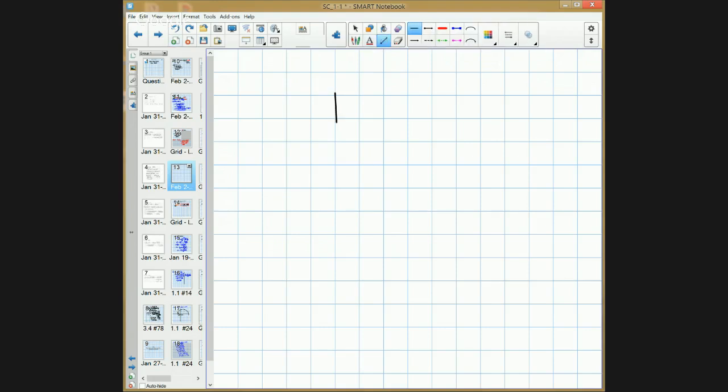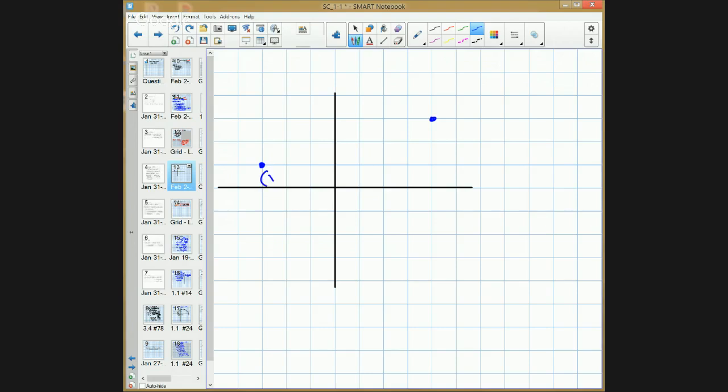So if we have a coordinate grid, the idea is we want to develop a distance formula. So if we just pick a point, and we need 2 points, and I'm just picking 2 kind of generic points, okay? Because the whole idea of a distance formula is we need it to work for any 2 points. So I'm just going to call this point x1, comma, y1.